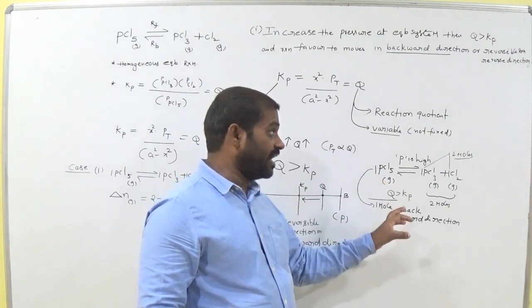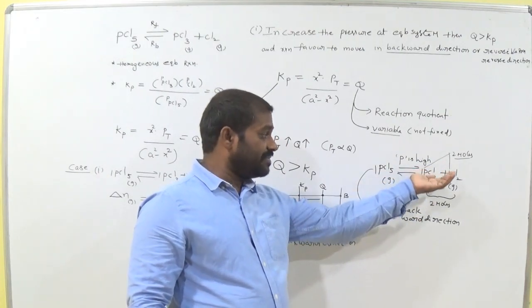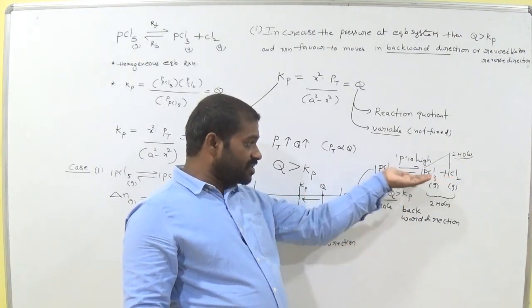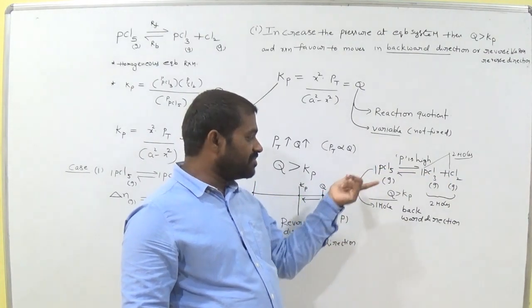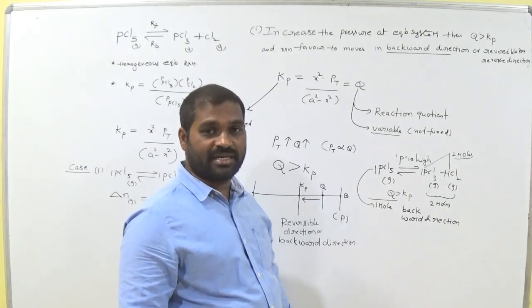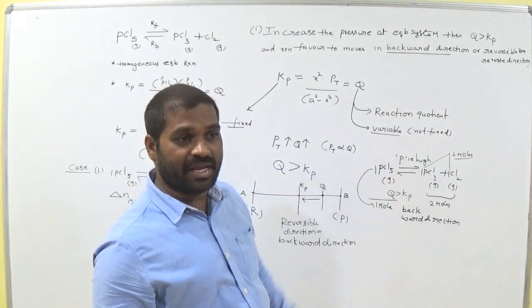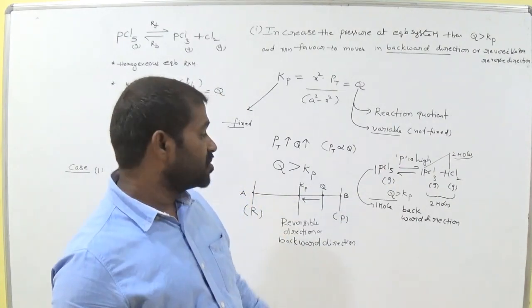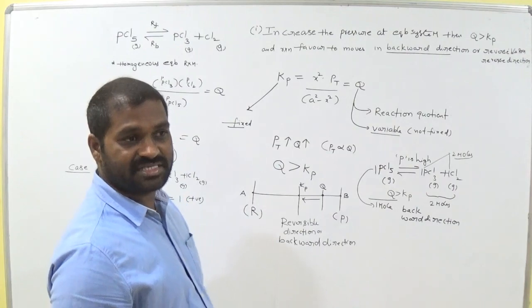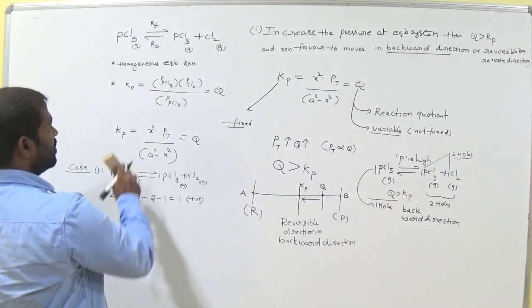With respect to moles, the reaction moves from the high number of moles side to the less number of moles side. So from this point, what can we conclude? If pressure is high at equilibrium, the chemical equilibrium tends to move towards the less number of moles side. Is it clear? So note down that point.